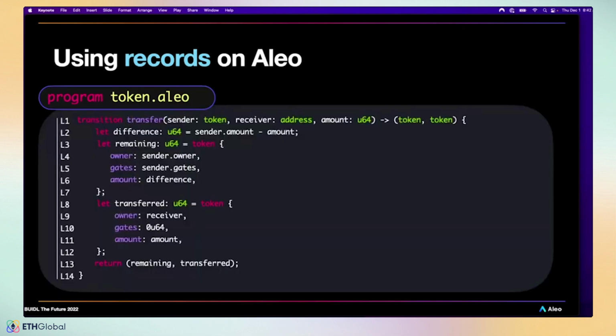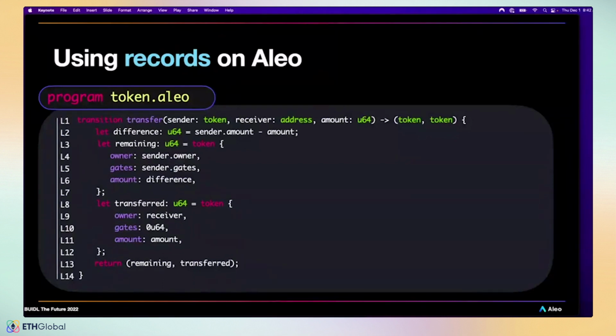And now we have a function, transfer, which takes in as input a token, the sender's token, the receiver's address, and the amount that the sender would like to send. What transfer does is that it consumes the sender's token and produces two new tokens, one with the remaining balance and one with the new balance for the receiver.